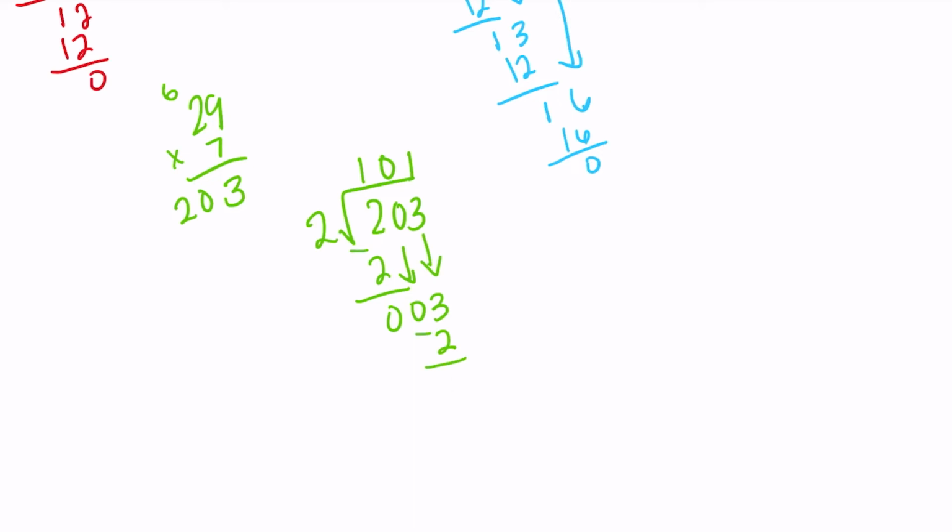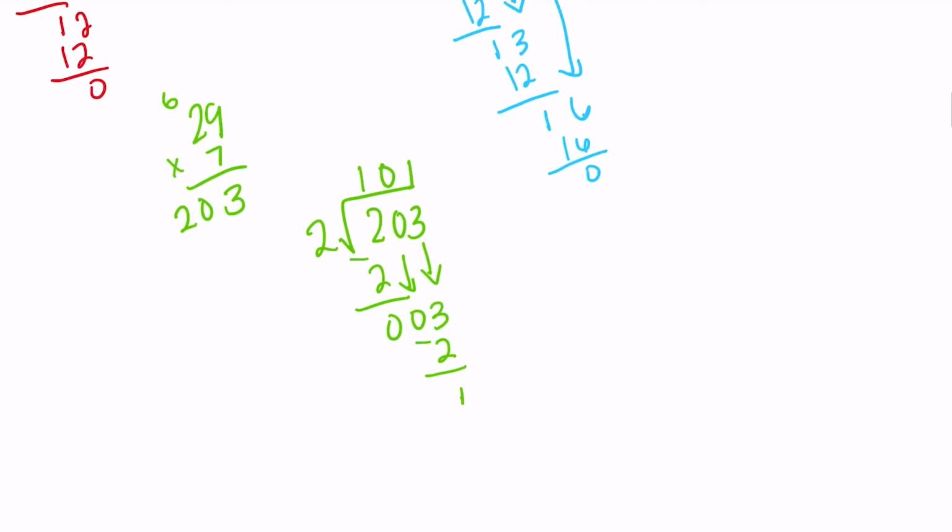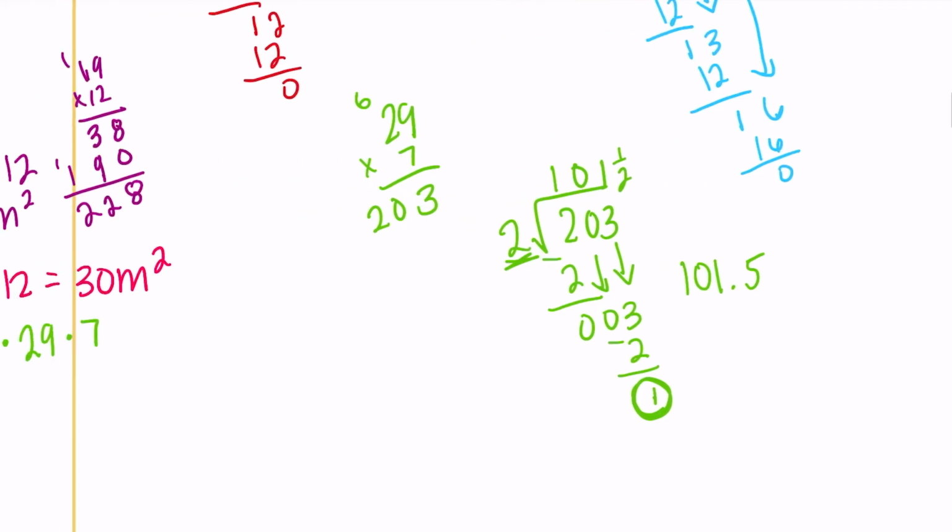Whoops. 3 minus 2 is 1. Okay, so we have a remainder, so I can say 101, and I'm just going to say and a half, because we have 1 left over out of 2. Or you could write it as 101 and 5/10. Either way.